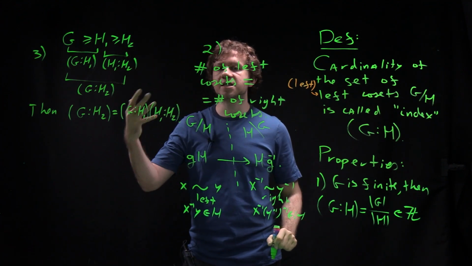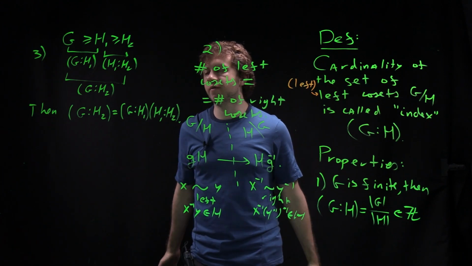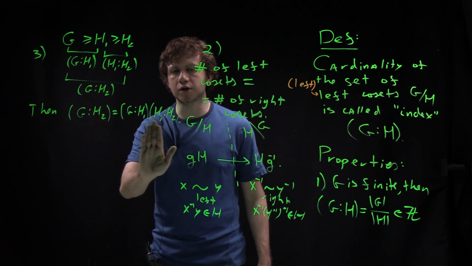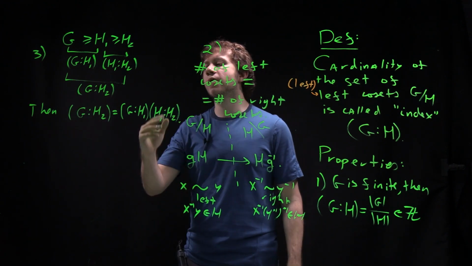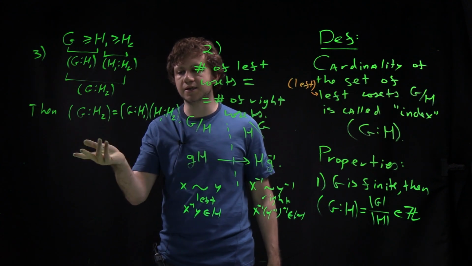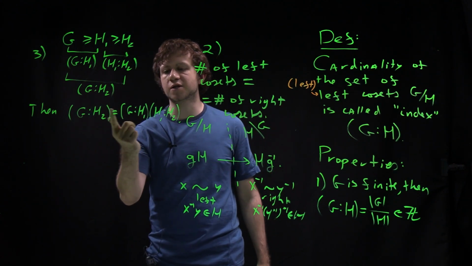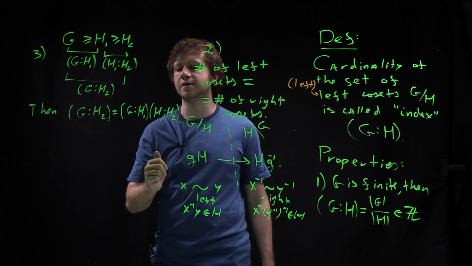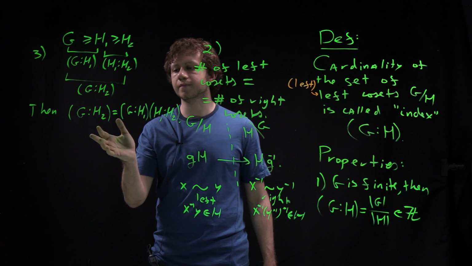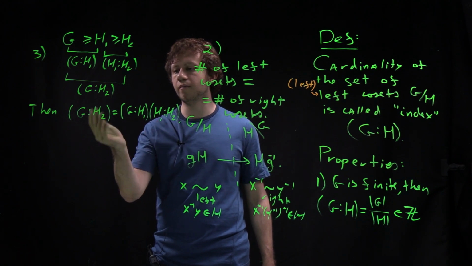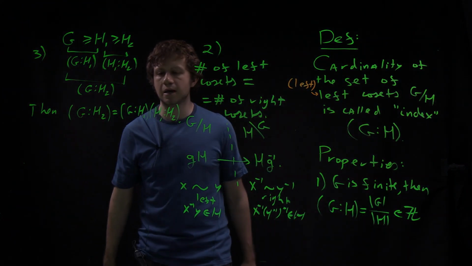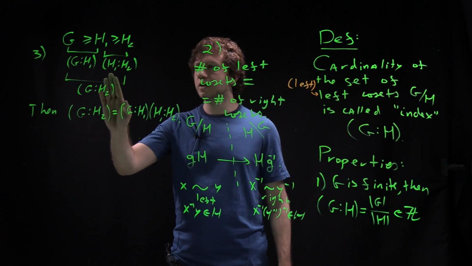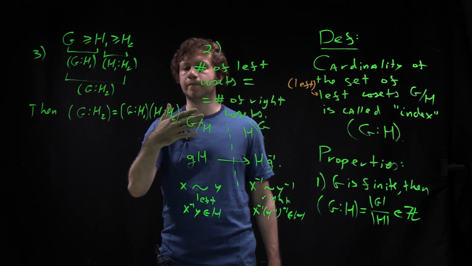So what does that mean? There are various ways to think about it. If all numbers are finite, that's an equality of finite integers. If one of them is infinite, you understand it as you might expect: if the left side is infinite, you expect one of these two factors is infinite. Otherwise, if these two are finite, this is finite. Okay, so this is true, but let me not prove it for infinite groups.